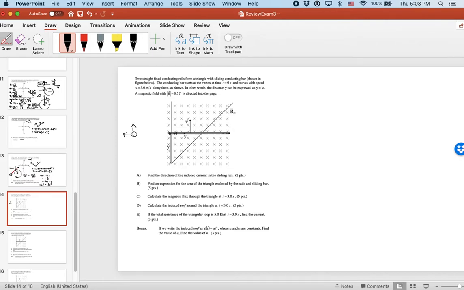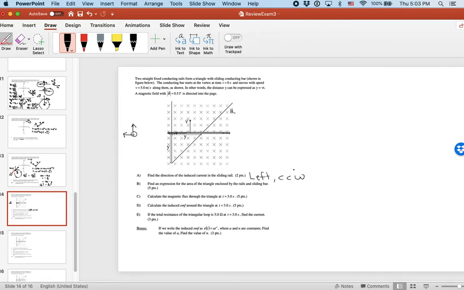And so what's going to happen is my positive charges are going to move to the left and then move around like this in this now loop that's created between these parts of the wire and this bar. So I can say here, find the direction of the induced current. It's going to be left in the bar, or counterclockwise.